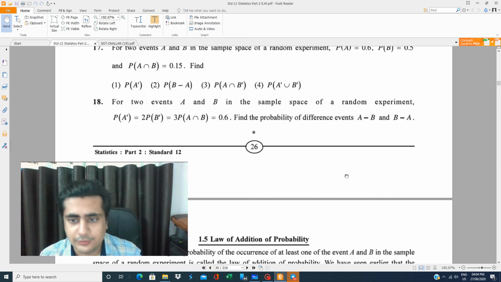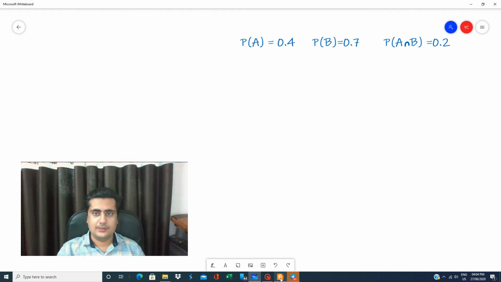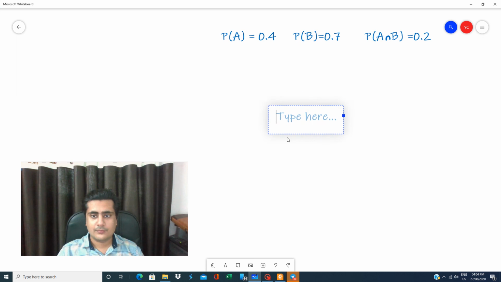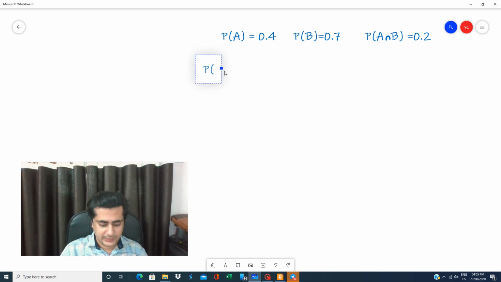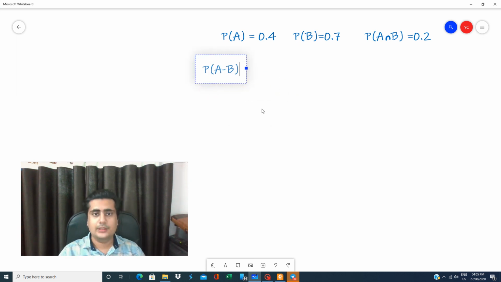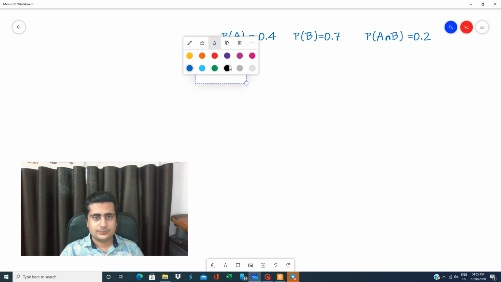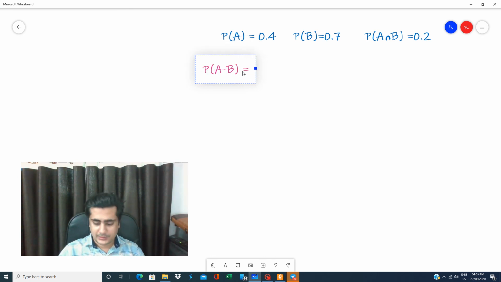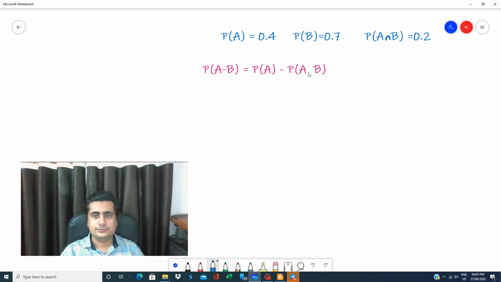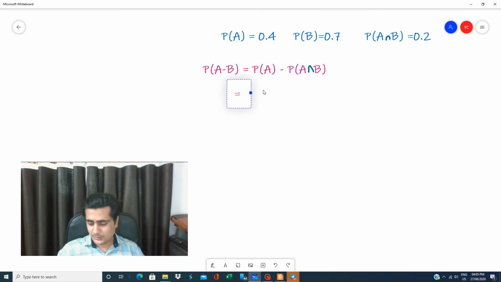You need to find A minus B and B minus A. So let us find. First of all, I'll be finding A minus B. So what is A minus B? It's P of A minus P of A intersection B. Now what is P of A? It is 0.4 minus 0.2, which is 0.2.